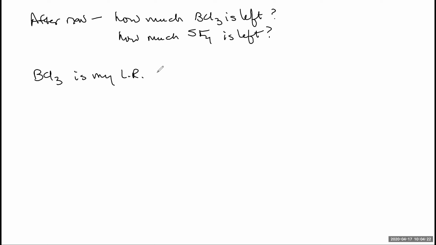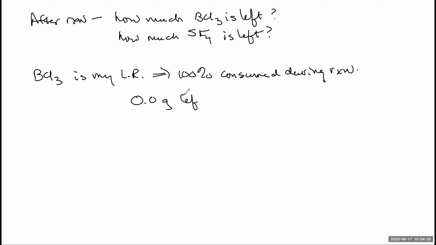If that's my limiting reactant, then it's 100% consumed during the reaction. So if it's all used up, how much should be left over? 0 grams should be left over. 0 should be the answer for any limiting reagent or reactant in any reaction.